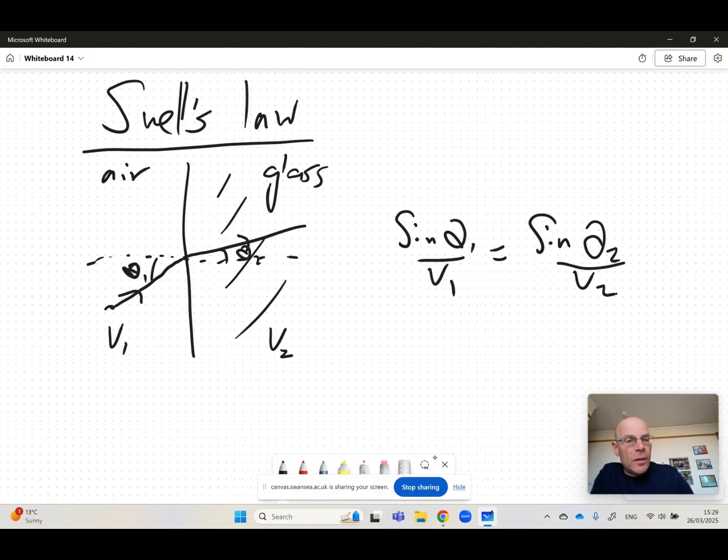And the reason, as we shall see, is that in this way, light travels at the minimum time between the initial point A and the final point B. So that goes under a principle which is called minimum action.